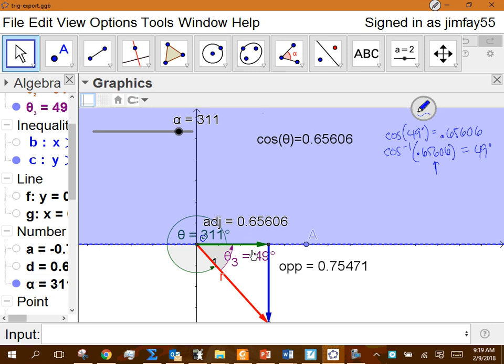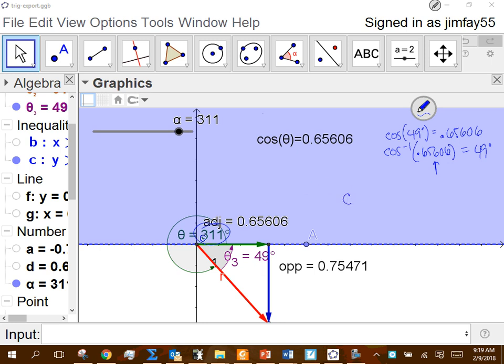So we have the idea that's the adjacent side for that triangle right there. Adjacent divided by hypotenuse, hypotenuse being 1 again. We get 0.65606 divided by 1. Again, that same number, right? But that angle is what we see to be right in there. It's 311 degrees. Okay?